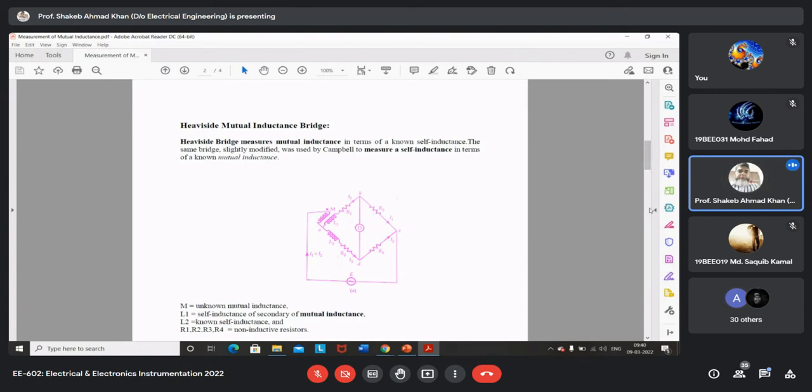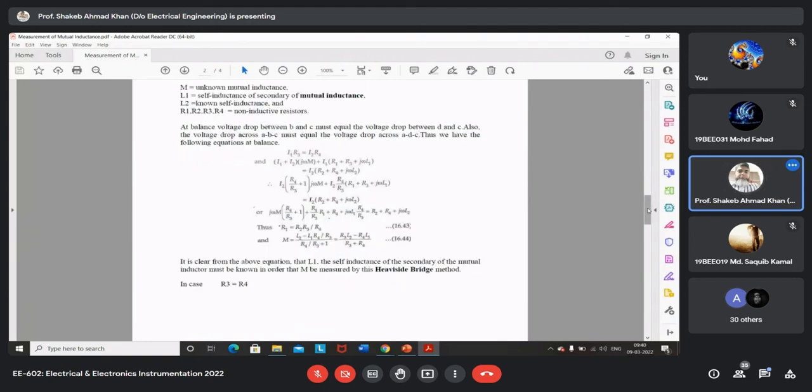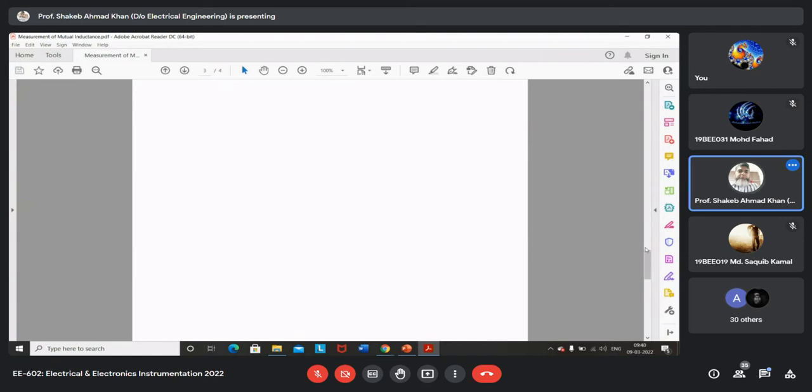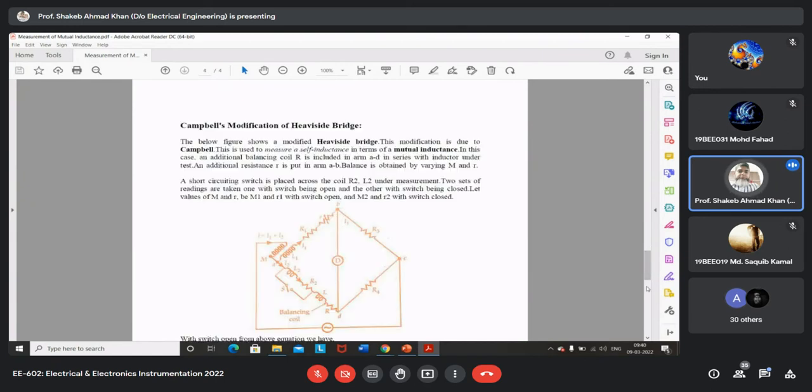In any case, this bridge is modified for measurement of self-inductance in terms of the mutual inductance. That is the modified version application I told you, and it is called Campbell's modification of the Heaviside bridge.